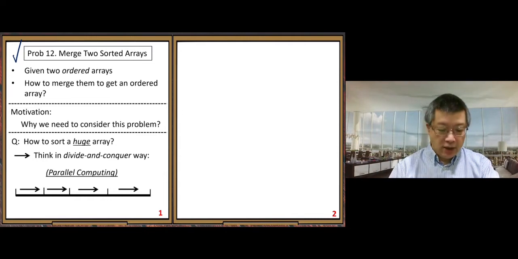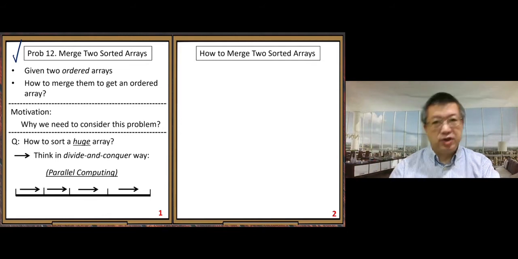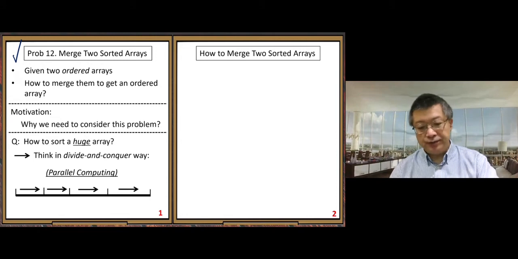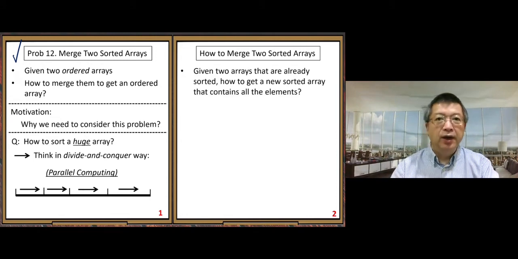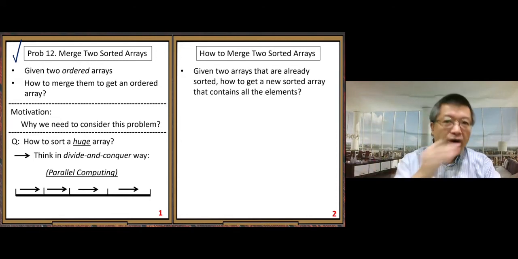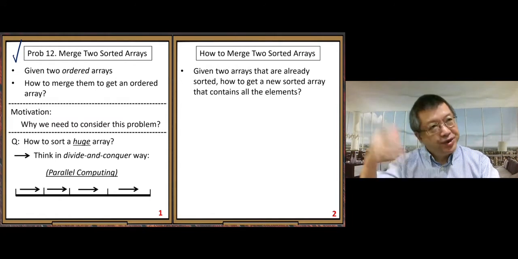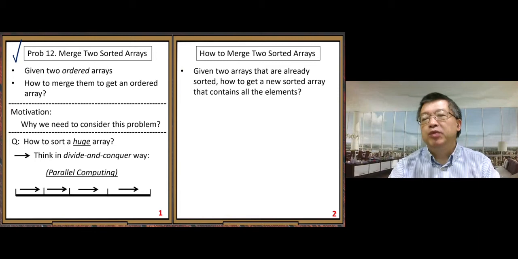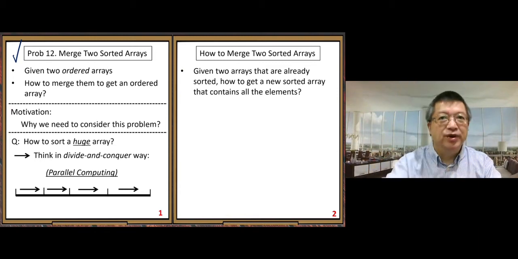All right? Next, let's work on this problem, how to merge two sorted arrays. When we work on it, we want to use our experience. We just learned insertion sort, right?